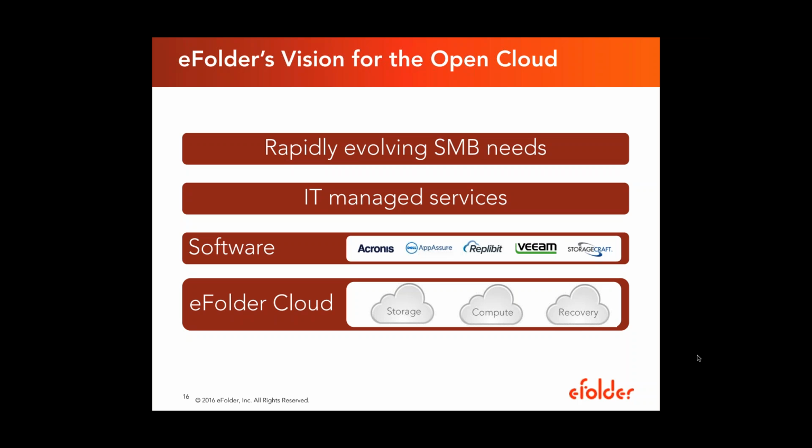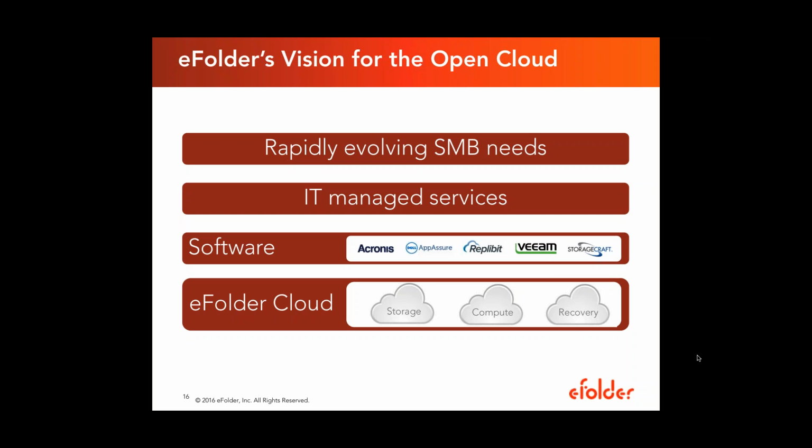So we partnered with all these different software vendors, and we paired the power of that software with the robust capabilities of the cloud. We have four eFolder data centers: two in the U.S., one in Canada, and one in Europe.